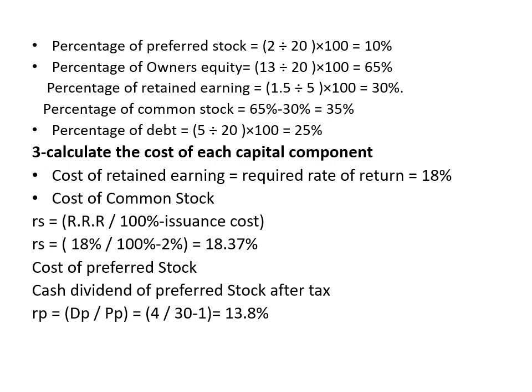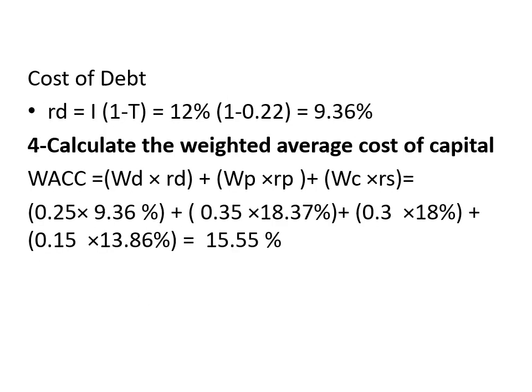In this exercise, the givens are different than the givens in the other exercises. That's why we use these ratios in calculating the cost of common stock. The cost of preferred stock: cash dividend of preferred stock after tax, RP equals dividend over price, equals 4 over 30, which is the price of the preferred stock, minus the issuance cost, which is £1, which means 4 over 29, equals 13.8%.